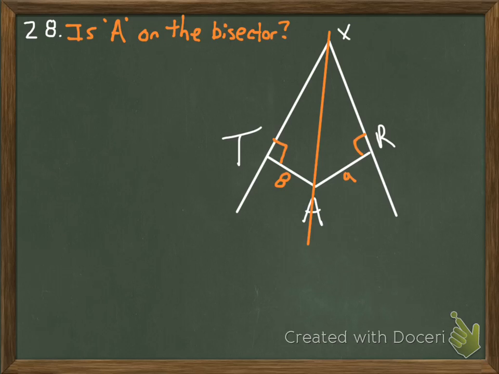So this point A should be an equal distance from side XR and XT. But if you look here, the distance, you measure distance perpendicular, is 8 on that side, and it's 9 on that side. So because they're not exactly the same, point A cannot be on the angle bisecting line. So the answer would be no, it is not a bisector.